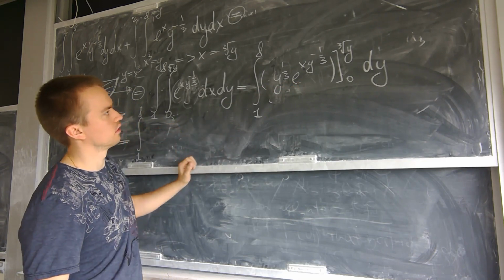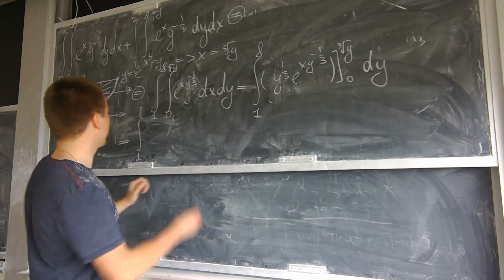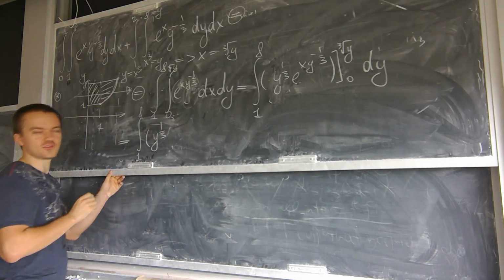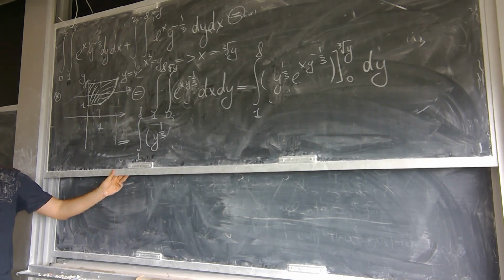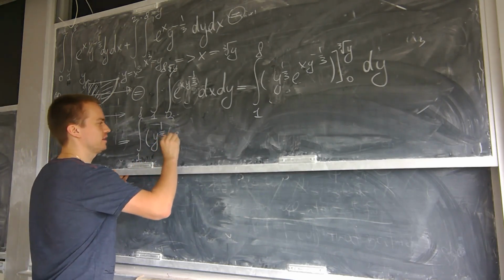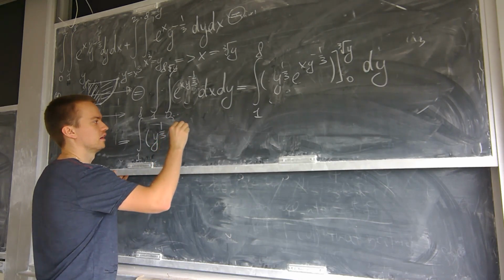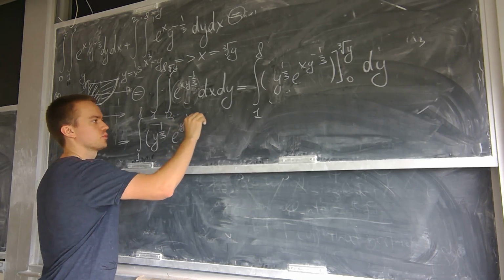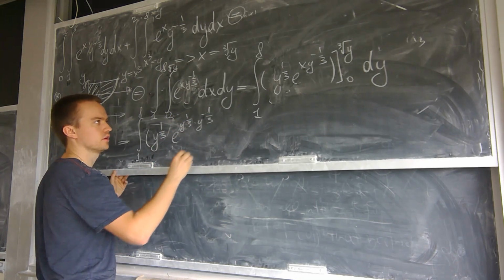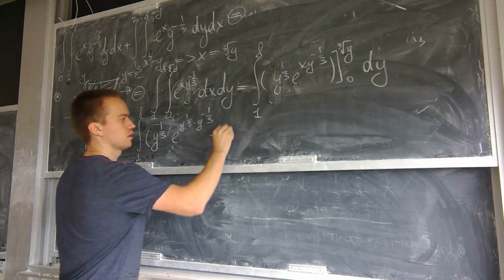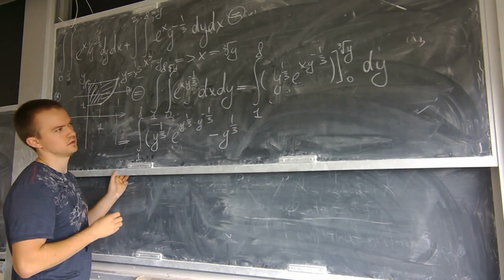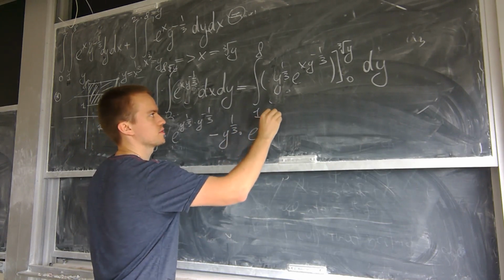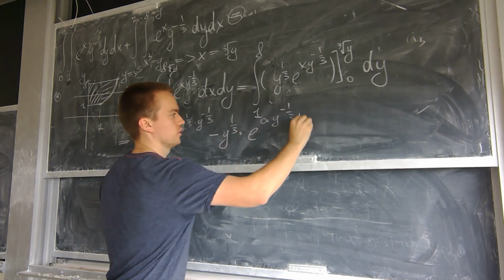No, one second. Okay, so let's not do this. Let's just plug it in. Never try to do more than 2 steps in your head because you're definitely going to make mistakes. So let's just do it. So I have e to the x, then it's y to the 1/3 times y to the minus 1/3 minus y to the 1/3, times e to the 0 times y to the minus 1/3, dy.